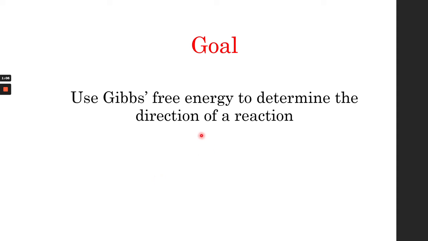What we mean by direction of reaction is whether the reaction favors creation of a product, which means the reaction is spontaneous, or whether the reaction favors the reactants, in which case it's a non-spontaneous reaction. I hope you remember those things. We've discussed them in our previous discussions about spontaneous reactions.